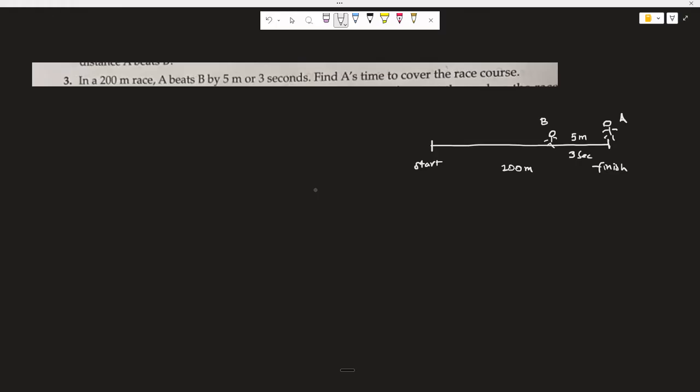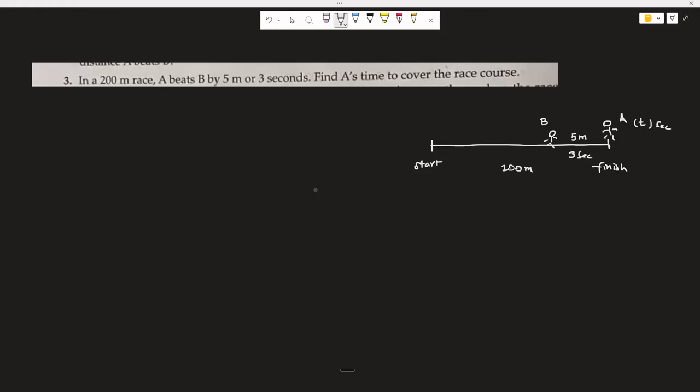Now, A's time. Actually, 5 meters they mentioned out of 200. Let us suppose A took time T to cover this entire distance. A took T seconds; this time parameter is measured in seconds.